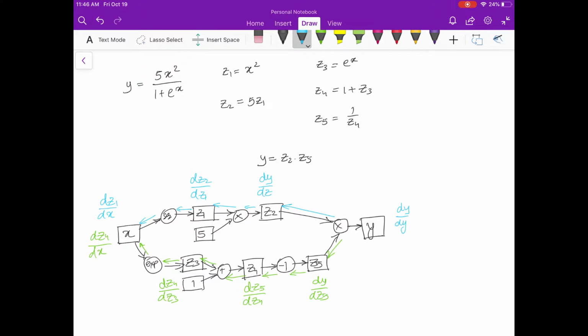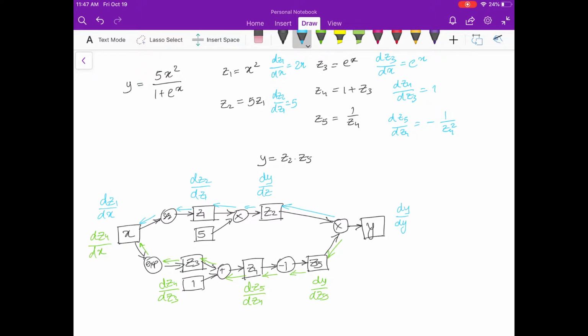So we start with dz1 dx, which is simply 2 times x, dz2 dz1, which is simply 5, dz3 dx is e to the power x, dz4 dz3 is 1, dz5 dz4 is negative 1 over z4 squared.